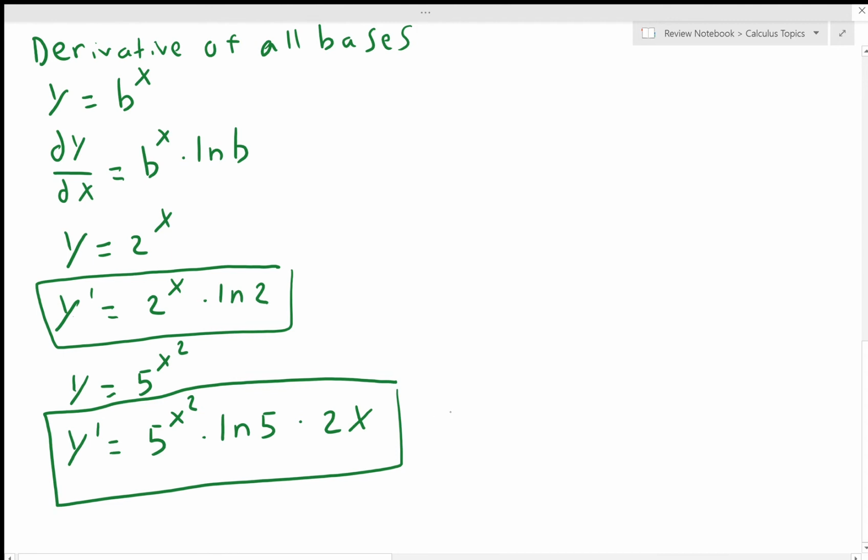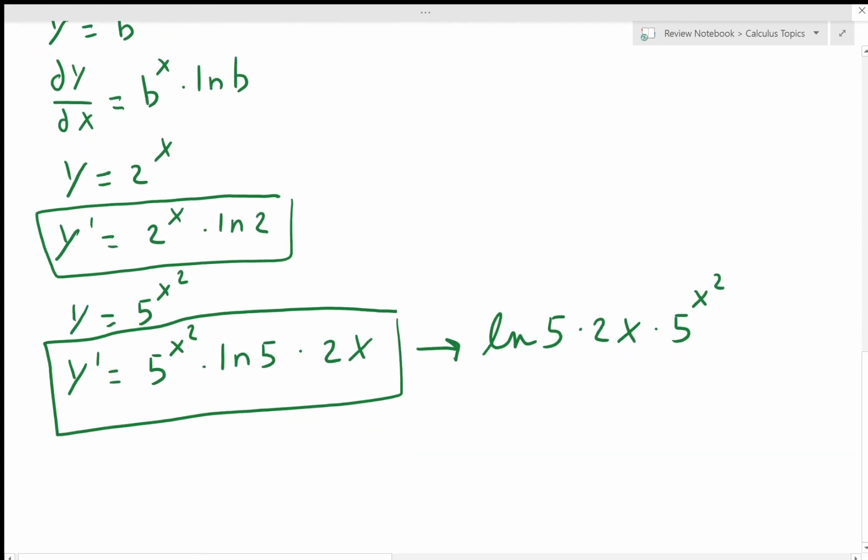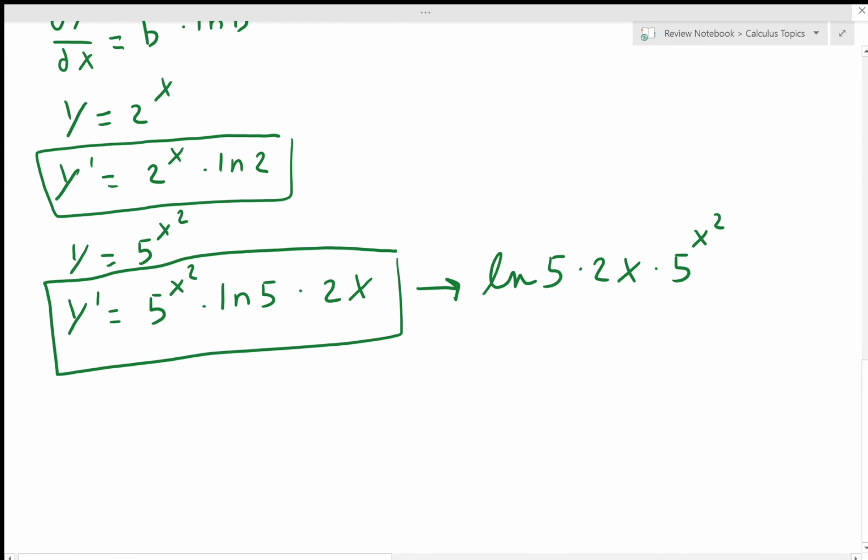Could rewrite it as ln 5 times 2x, and have the base at the end, times 5 to the x squared. That doesn't really matter much. Maybe your professor might care, but it's the same result.